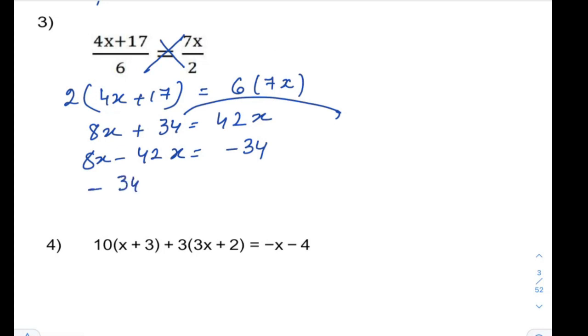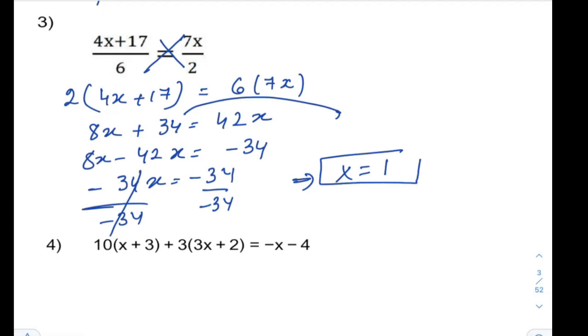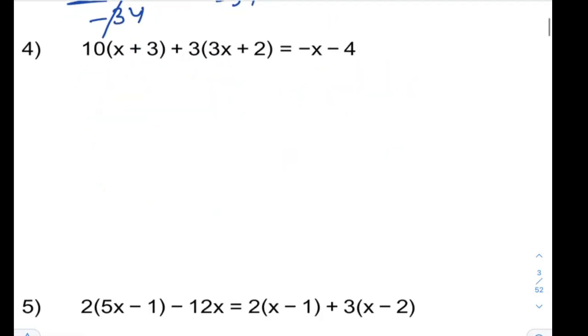Negative 34x is negative 34. And when you divide, we end up with x equals 1. Again here, it is just simple practice of the distributive property.